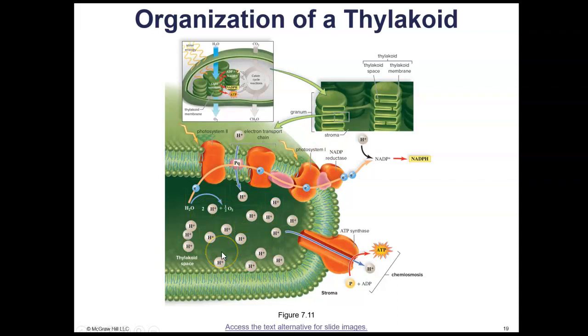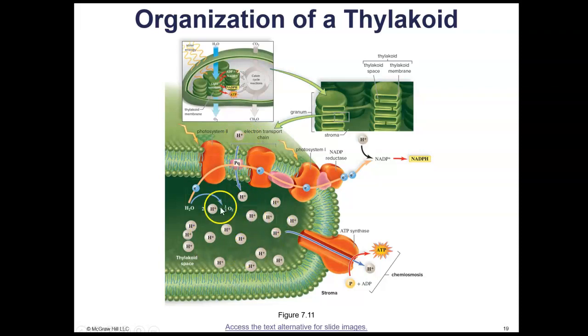Well, we've learned what happens due to a concentration gradient. When you get a very, very high concentration of anything on one side of a membrane, then if there's an opening or a point where they can travel, they're going to move out. They're going to move from where their concentration is high to where it is low. And that's what the hydrogen ions do. They build up. So the flow of electrons generated the energy to pump hydrogen into the thylakoid.